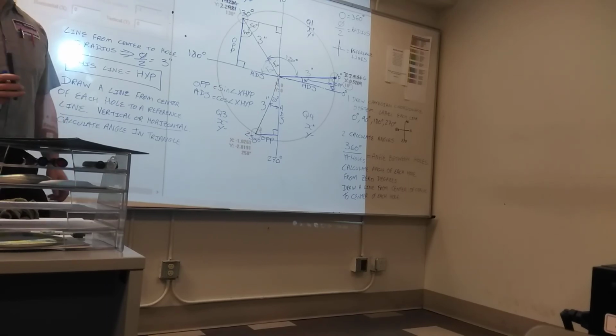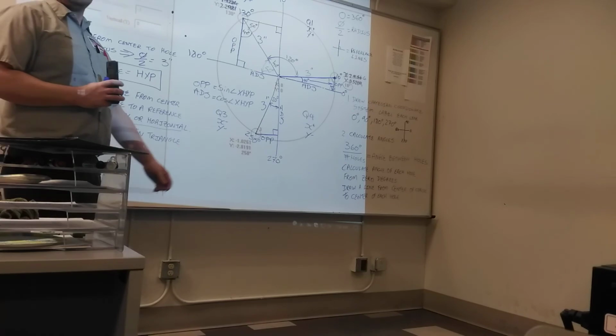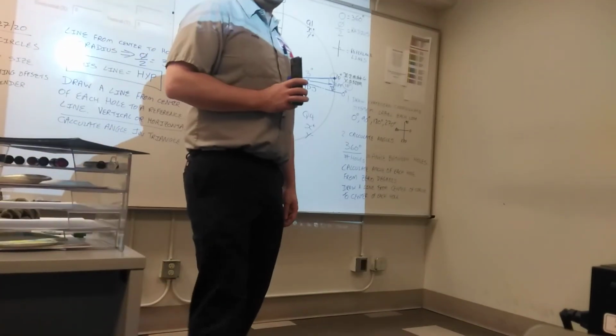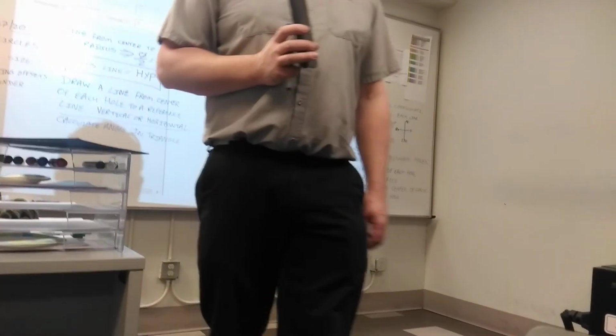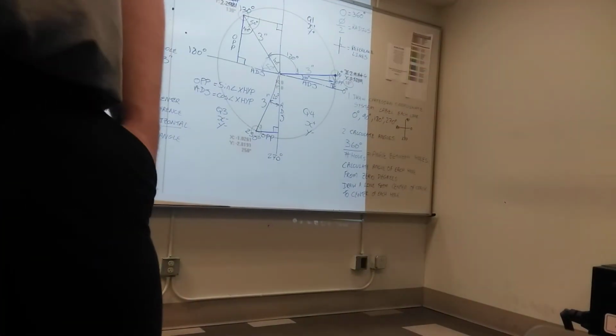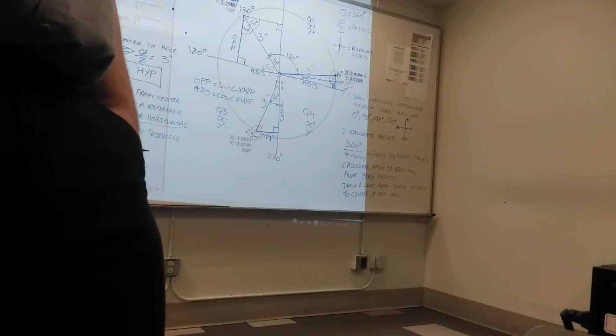Second problem in your packet is 5 holes. So now it's worth 15 points. The third one is 7 holes, 21 points. As long as you follow these procedures, you shouldn't have any problems.